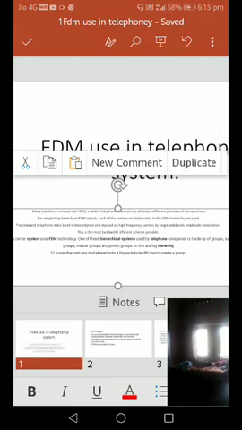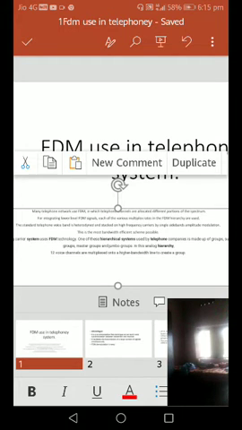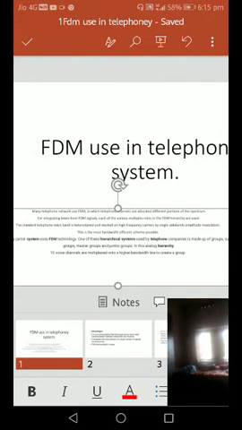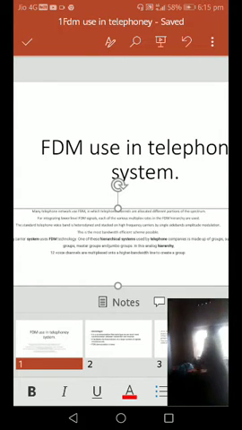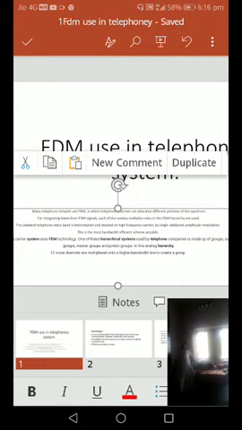First is the group, second is the super group, third is the master group, and fourth is the jumbo group. This is the basic structure in these analog hierarchical structures.